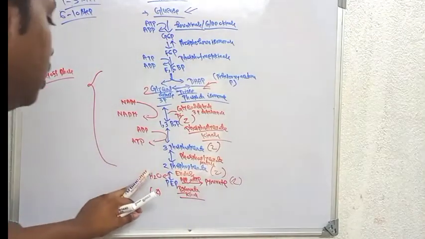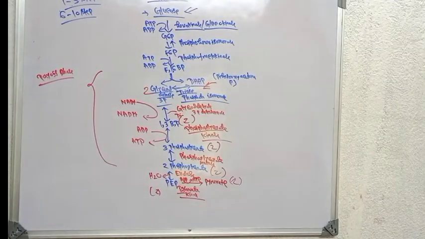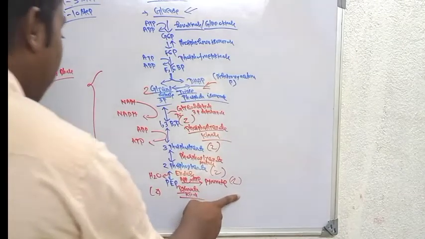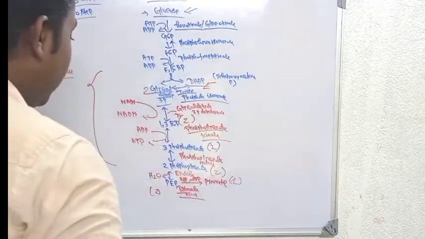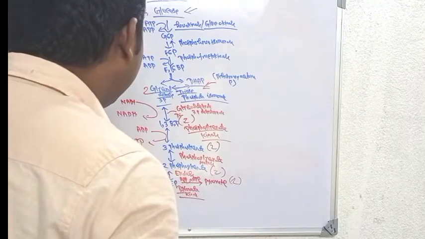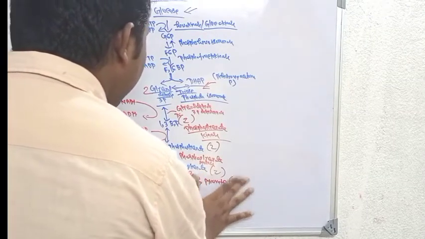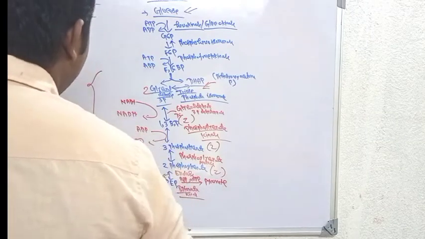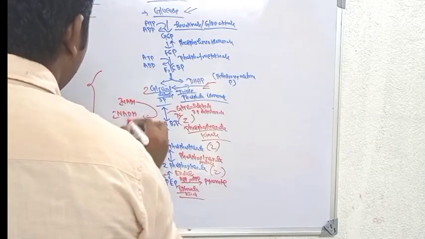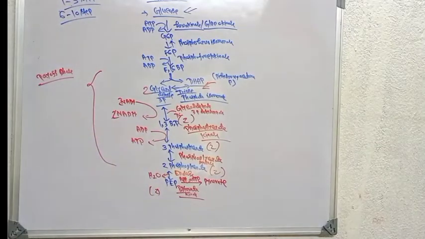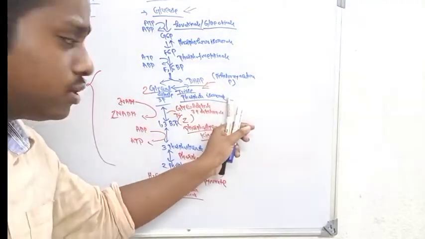Sorry, pyruvate is a 3-carbon compound, and two molecules of pyruvate are formed. So ultimately two molecules of NAD plus are converted into two molecules of NADH. Please focus on this section.